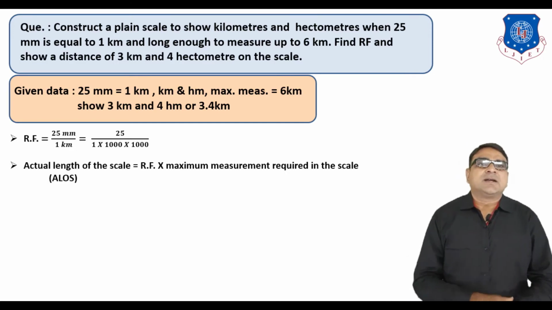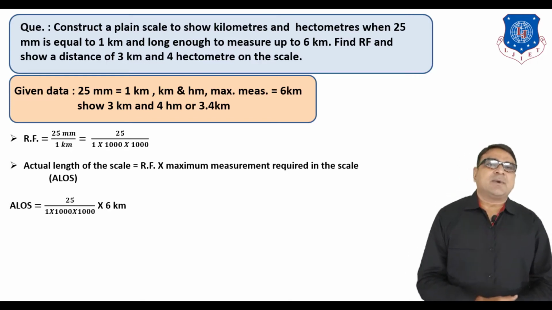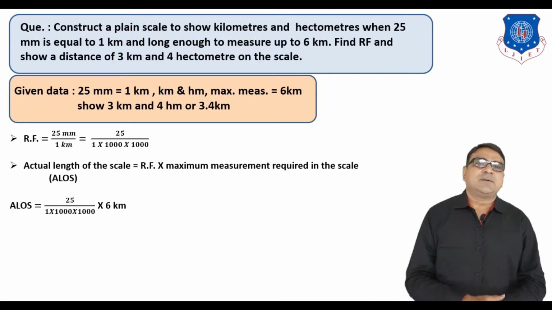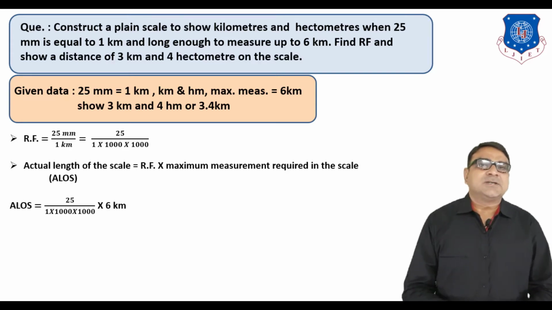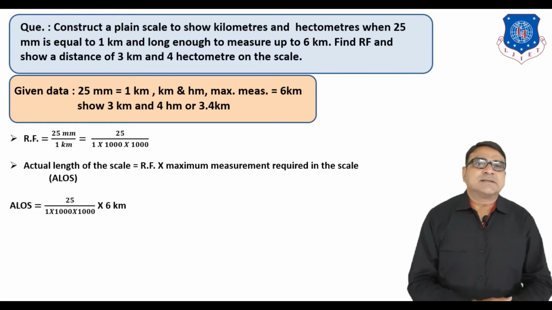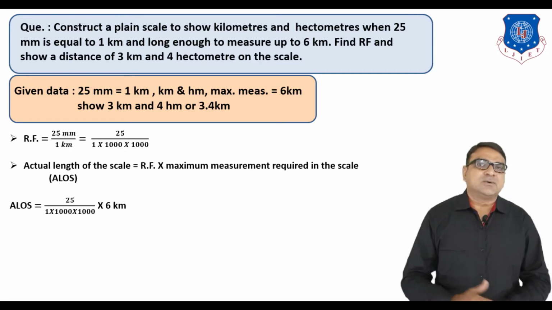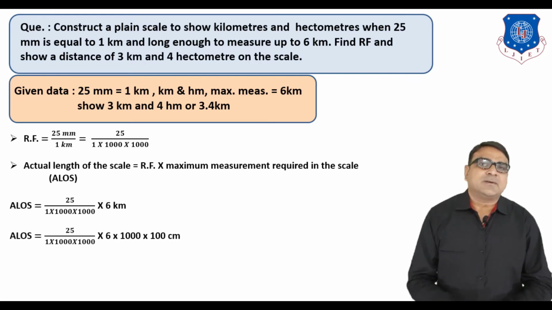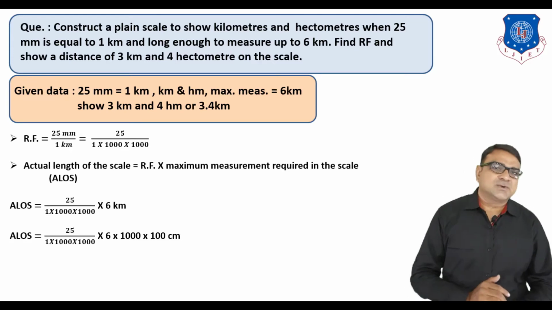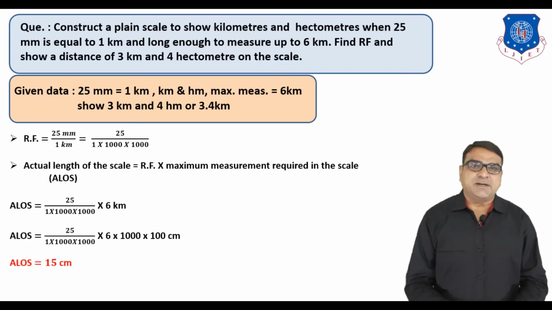So by equating, actual length of scale is equal to 25 by 1000 into 1000 multiplied by 6 kilometer. But the actual length of scale is always in centimeter units, so we convert kilometer into centimeter by multiplying by 1000 and again by 100. So finally our actual length of scale is 15 centimeter.